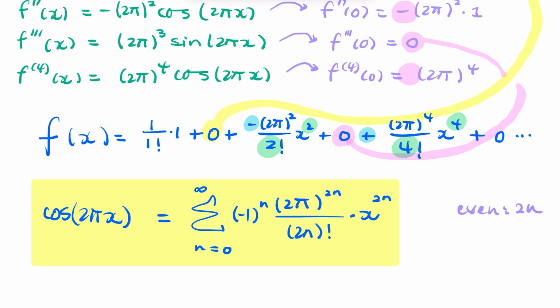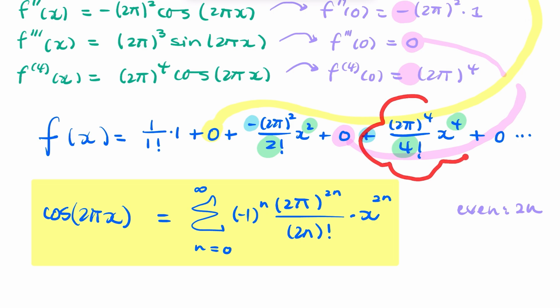So negative 1 to the power 1 would be negative 1. Negative 1 to the power 2 would be positive. So for our first term here, with x to the power 2 and 2 factorial in the denominator, n would be equal to 1, and minus 1 to the power 1 would be negative 1, so the minus sign.